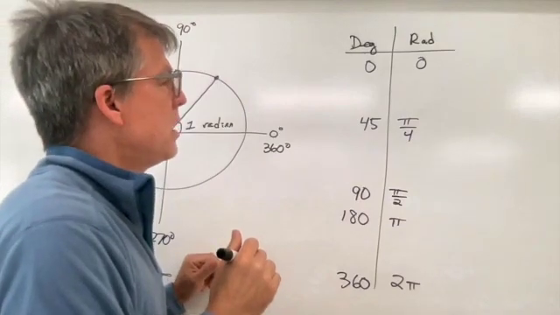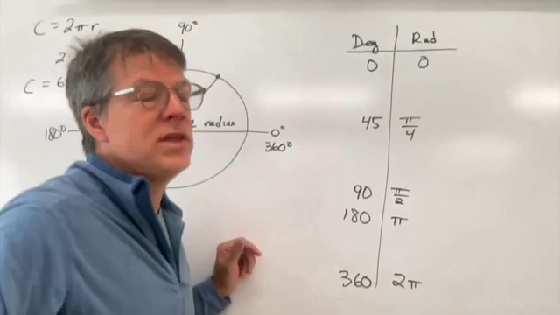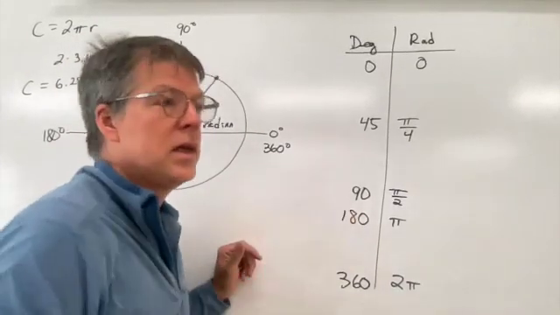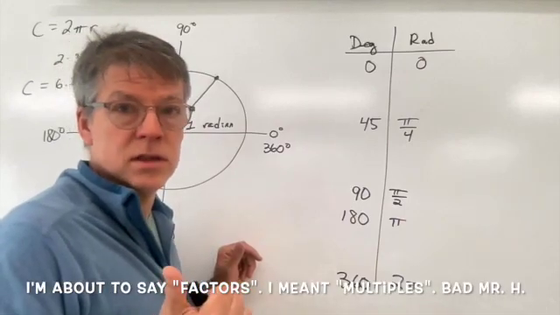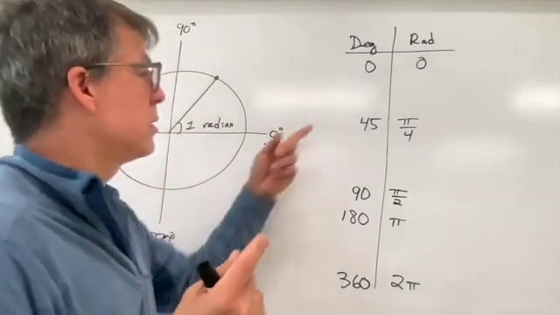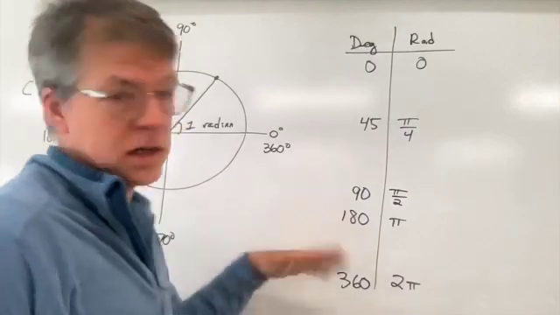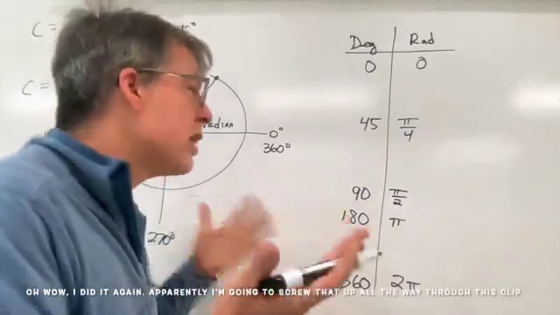And then I'll just tell you, the usual common things that you need to memorize for degrees to radians, like we're building here, are all of the factors of 30 degrees and all of the factors of 45 degrees, okay? So look, we already have 45 and 90, 180 and 360. Those are a lot of the 45 factors. We don't have any of the 30s. So let's try 30.